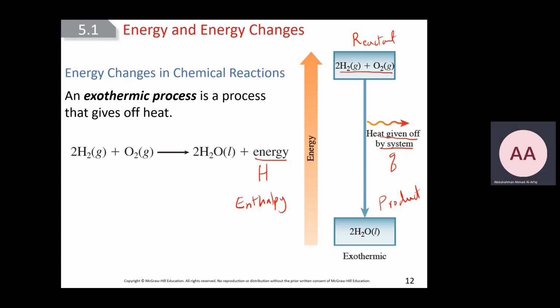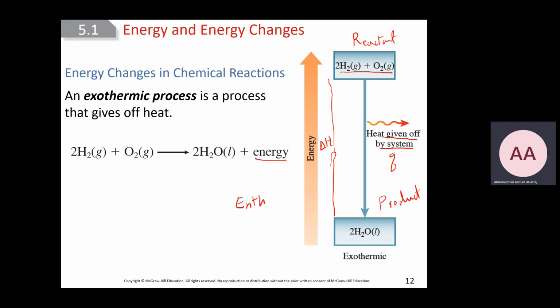Okay, so the difference between these two is the delta H. Delta H is the difference between these two states, and the energy that will come out here, actually, I made a mistake here.